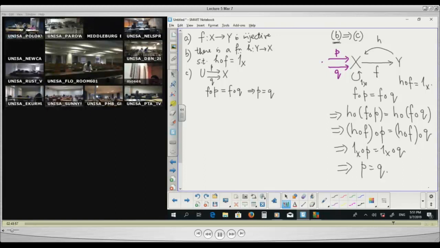You have to just choose suitable functions P and Q. It says whenever you have two functions coming into X with the condition f composed P is equal to f composed Q, then P is equal to Q. So as if it is saying f is left cancelable. You can cancel it off from the left, right?